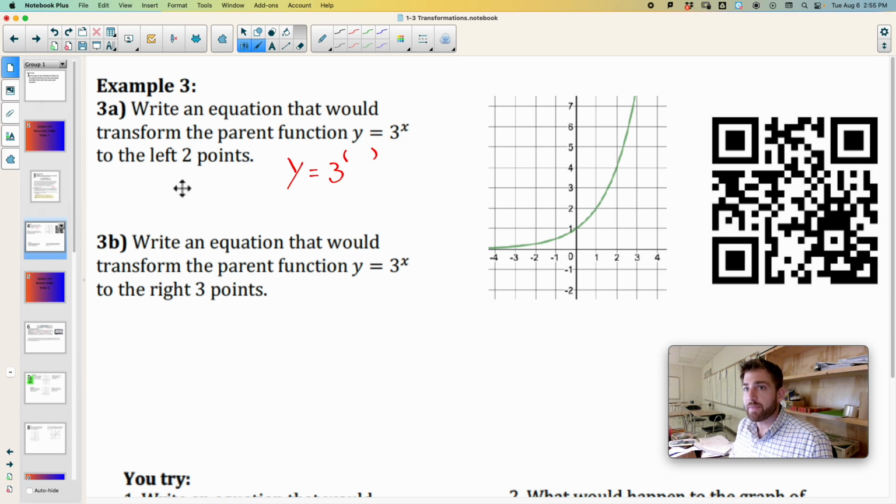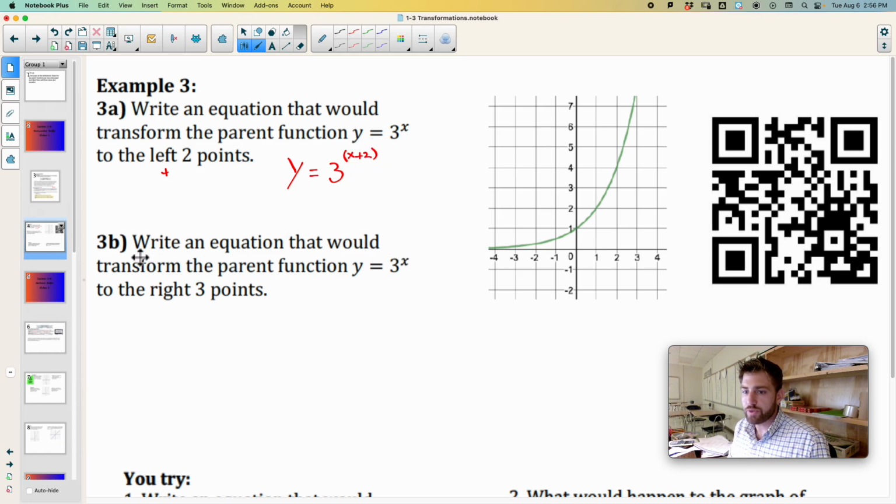I'm thinking negative, but it should be positive. So this will be x plus 2 inside the parentheses. That's taking this function and shifting it to the left 2 units. Okay, so that's that equation. And notice there's nothing that we're adding onto the end here. This is only in the parentheses.